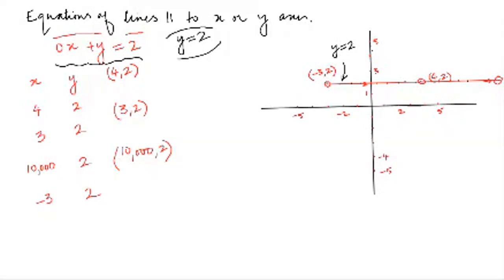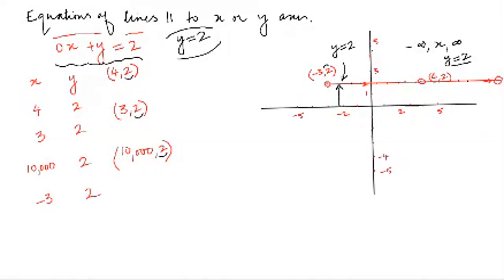Now, every point on the line has ordinate 2. Very interesting. It doesn't really matter what x is, because x is actually changing. As the line is going negative, the value of x is becoming minus, minus, minus. As the line is going on the positive side till infinity, x is ranging from minus infinity to plus infinity. But interestingly, the y ordinate always remains constant, equal to 2.